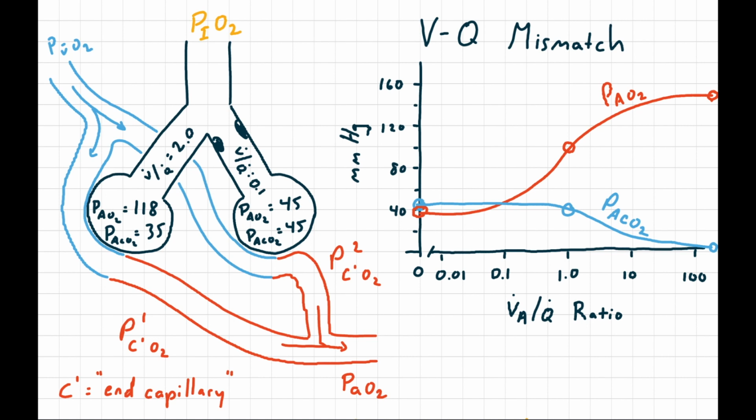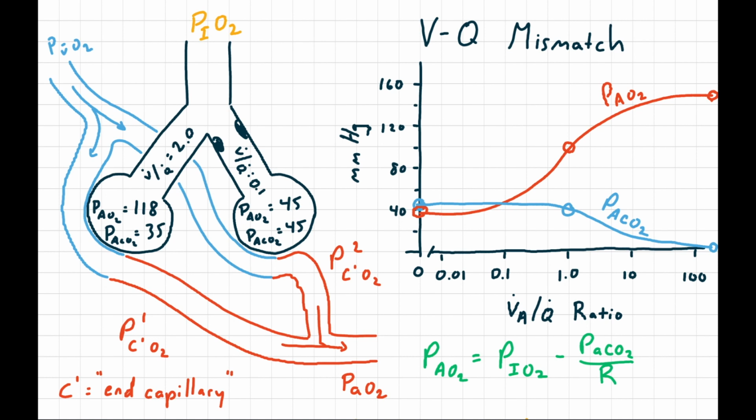The answer, by convention, is that we calculate the ideal alveolar partial pressure of oxygen using the alveolar gas equation. So alveolar oxygen partial pressure equals inspired oxygen pressure minus alveolar carbon dioxide partial pressure divided by the respiratory quotient. And to get this ideal value, we substitute the measured arterial carbon dioxide partial pressure in place of the alveolar carbon dioxide partial pressure.